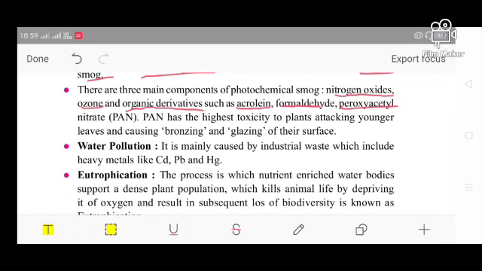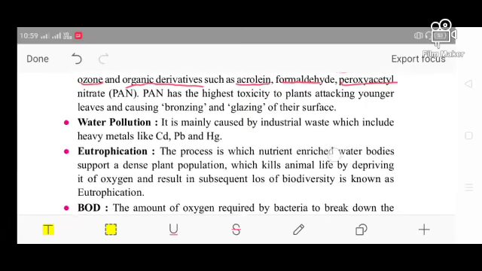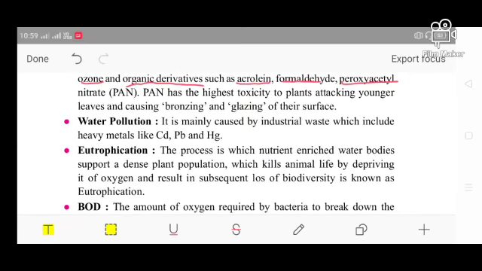We have to remember it, it is very important for short questions. So PAN is the highest toxicity to the plants, attacking the younger leaves, causing the bronzing or glazing of their surface. So PAN affects very adversely the chlorophyll of the young leaves of the plants. So it creates a glazing effect on their surface.